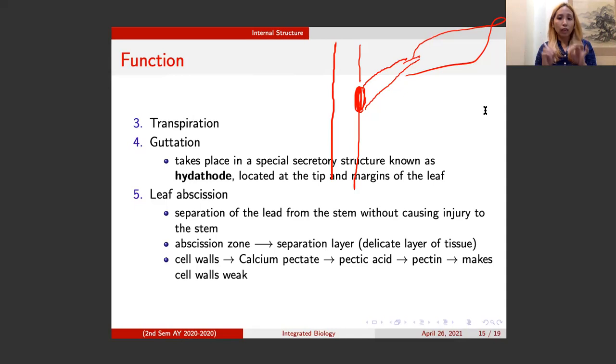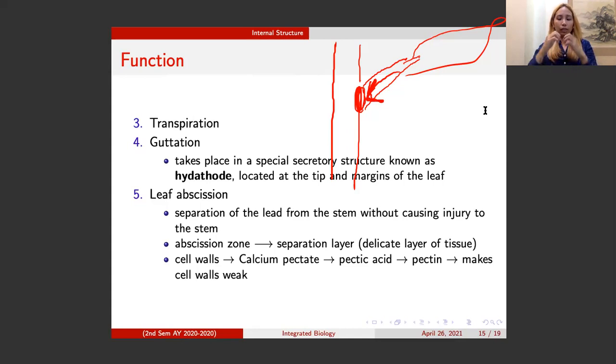Right? So, when it is abscission time, the leaves will produce ethylene and send it towards that area, right? And the cells in the separation layer will start to produce calcium pectate, turn it into pectic acid, then pectin, and then the cell walls of the cells in the separation layer will start to weaken.